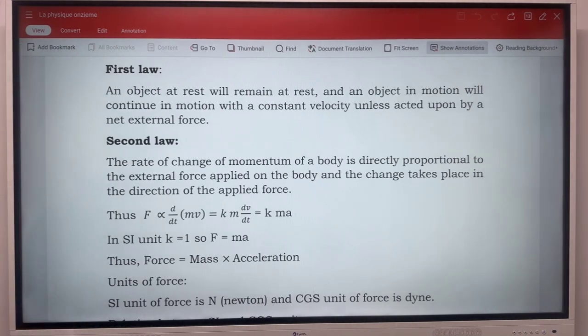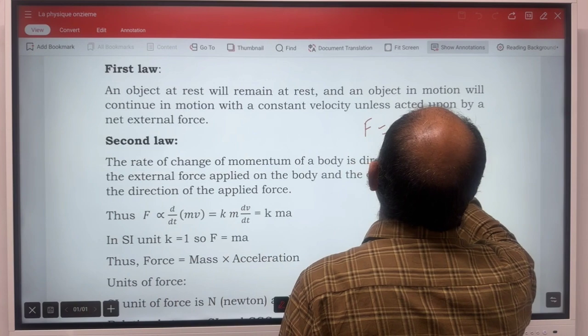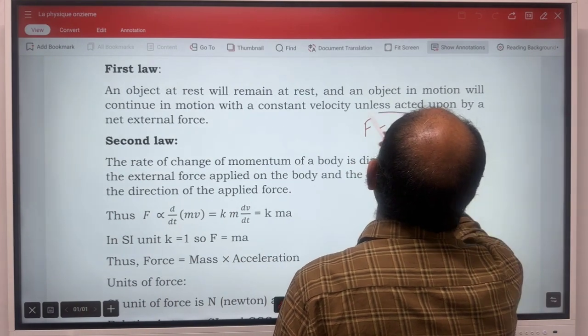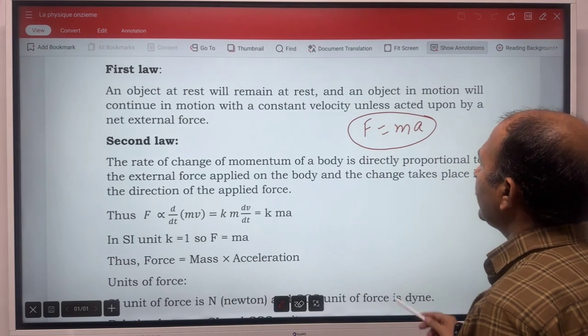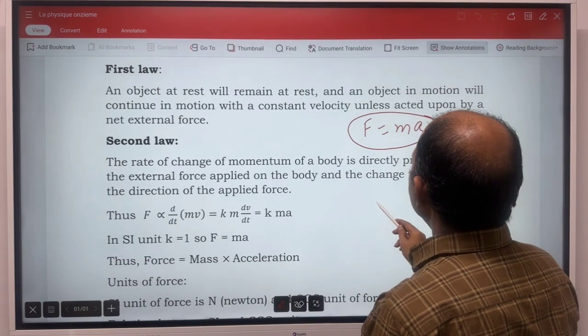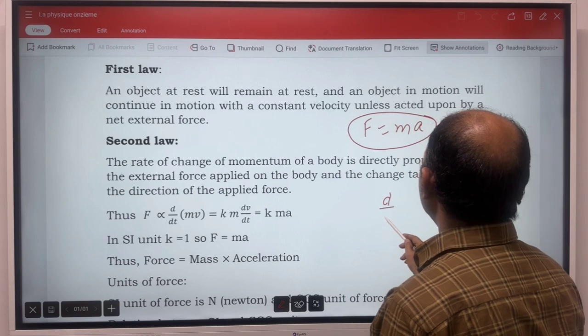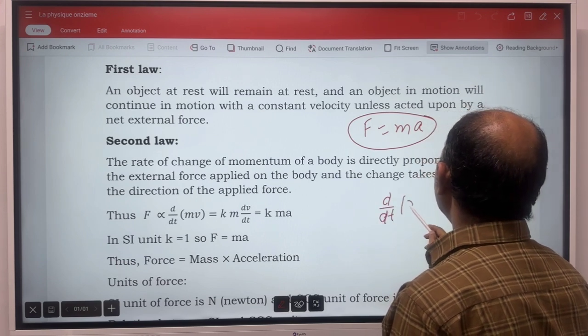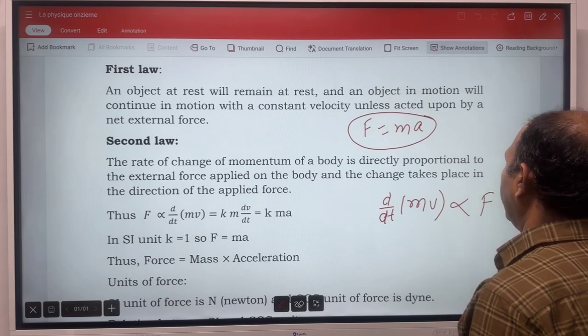Here the second law is about change in momentum. Generally we know that F equal to ma. Is it the correct way to say that the second law is this? Actually the second law says that the change in momentum with time, d/dt of momentum mv, is proportional to the applied force.